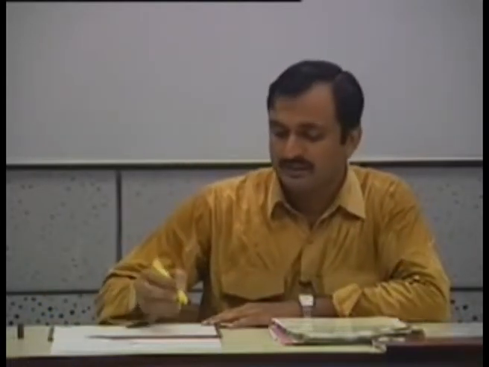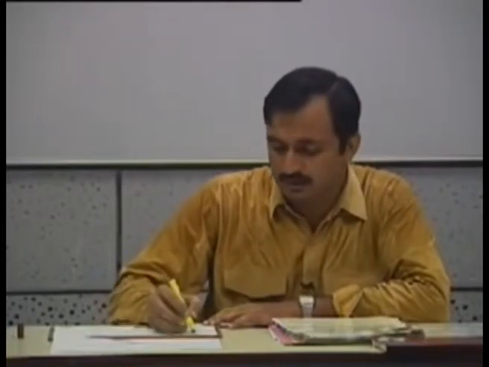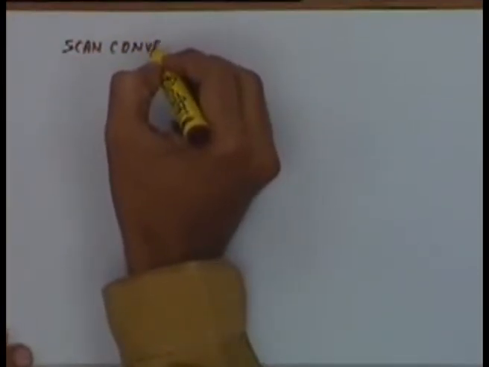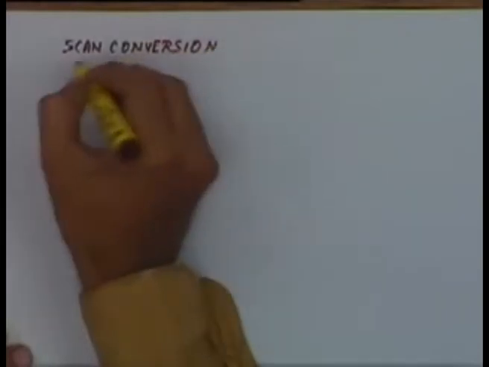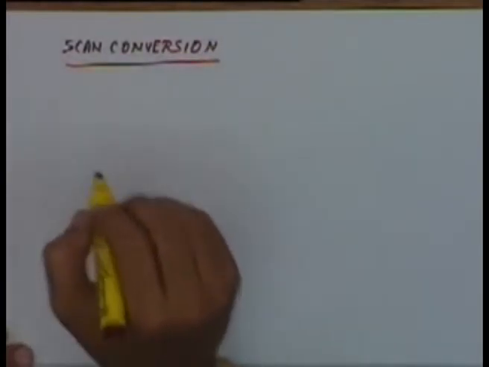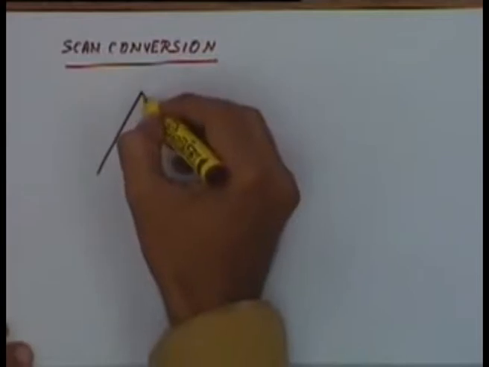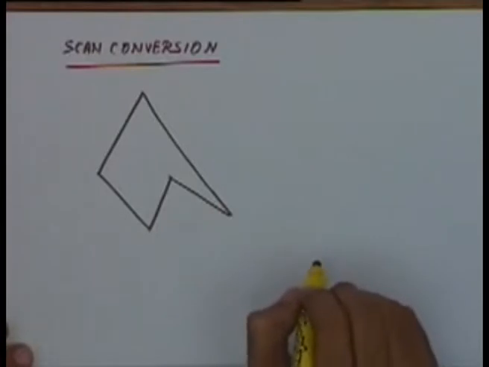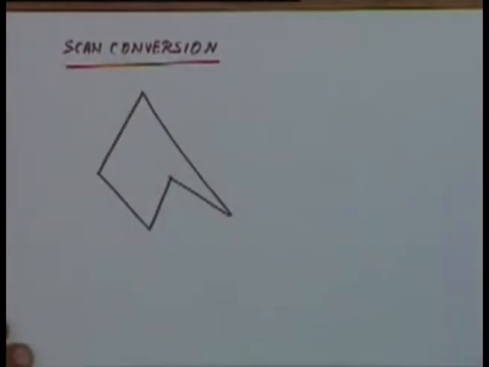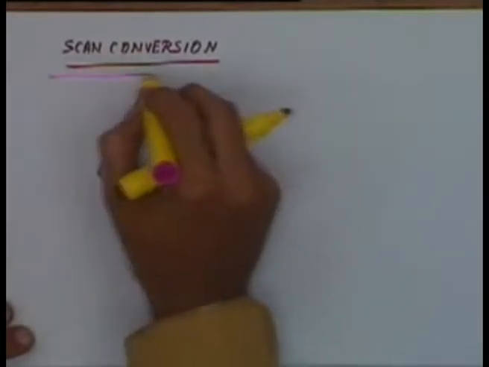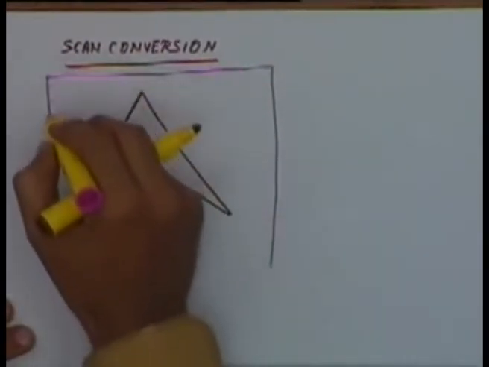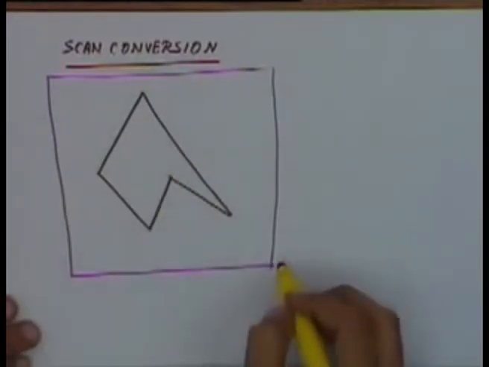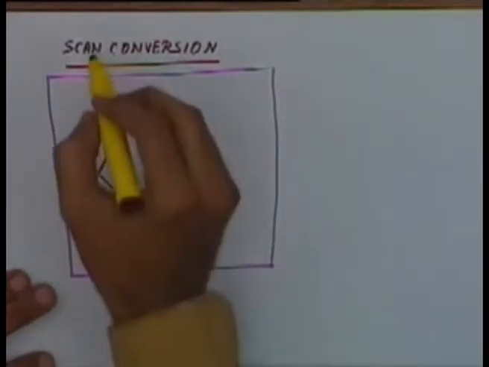The type of algorithms that we will see in this are what are called scan conversion algorithms. In these algorithms, if we have a screen like this, we will start from the top row.